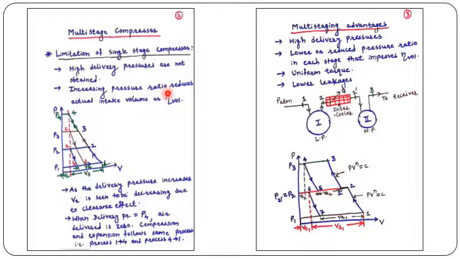Second thing is we have a term which is volumetric efficiency, and we have seen that volumetric efficiency reduces with the increase in pressure ratio, and if you use a single stage for getting very high pressure, then obviously the clearance effect will directly affect the volume which is sucked in and reduce the volumetric efficiency.